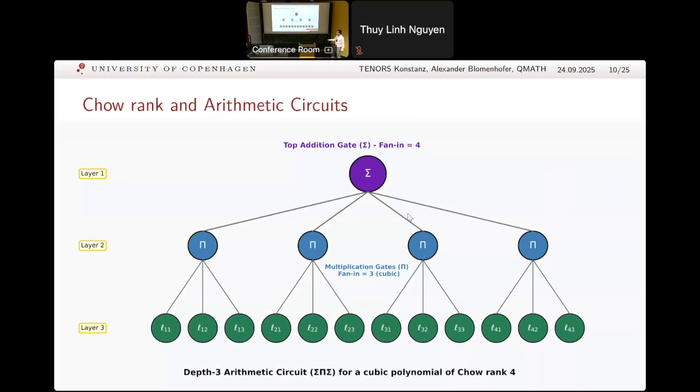The answer is it's actually in the linear form, because the linear form is a sum of the variables. So this is why it's called the sigma pi sigma circuit, and people in arithmetic circuit complexity care about the top fan-in of the circuit, which is how many edges you have to the second layer, which is exactly the Zhou rank.